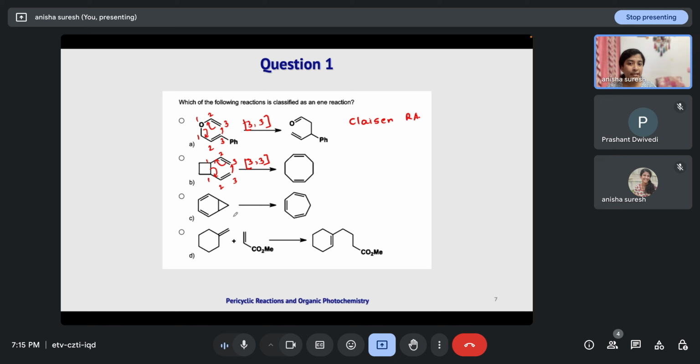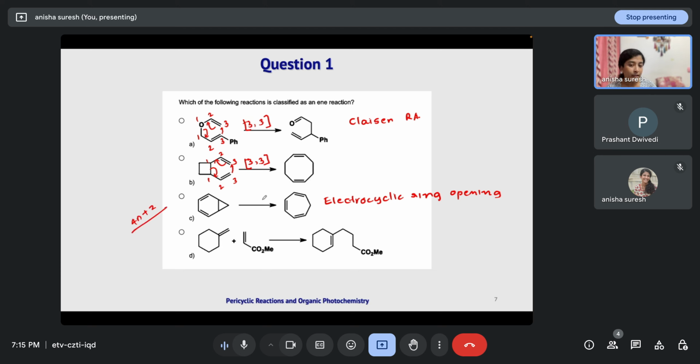What sort of pericyclic reaction is this? Electrocyclic. Yeah, this is an example of electrocyclic ring opening. So this is a 4n plus 2 component.